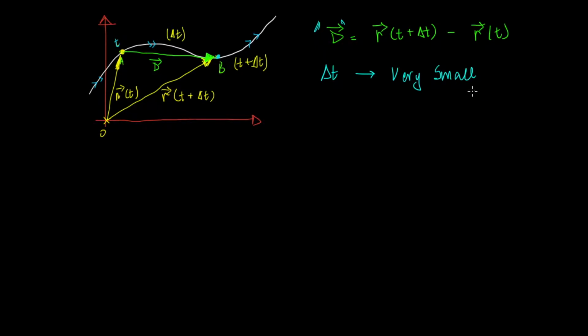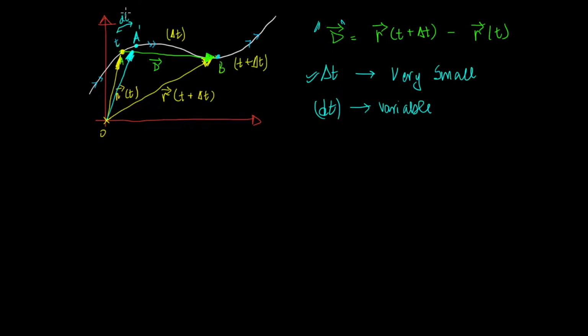So if delta t is very small, then our second position vector is very close to our first position vector. So if this is point A prime, the time difference between A and A prime is, say, dt. Now this is just another variable, a quantity like delta t, but because I've used delta t here, I'm going to use dt there.